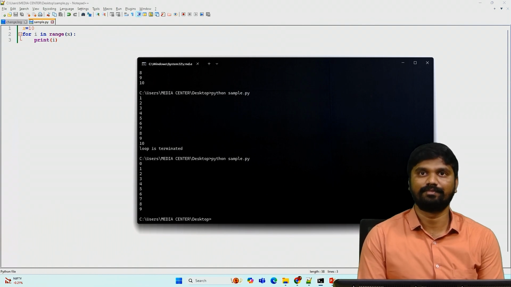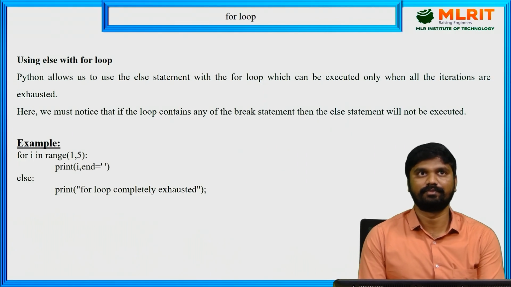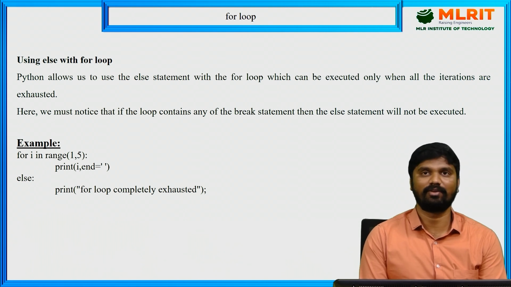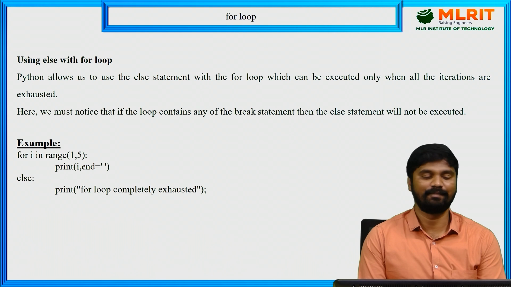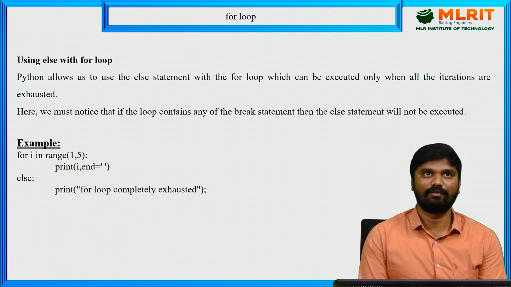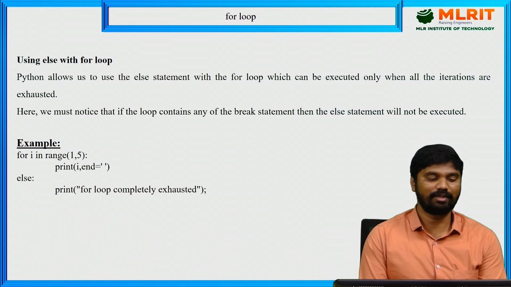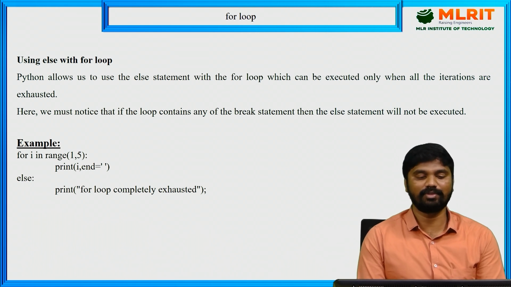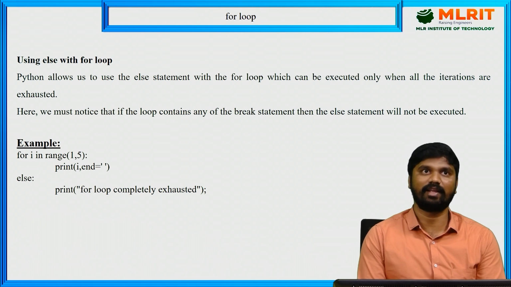Next we have else with for loop. In Java and C programming languages, else is not possible with loops, but in Python it is possible. Python allows us to use the else statement with the for loop, which is executed only when all the iterations are exhausted.